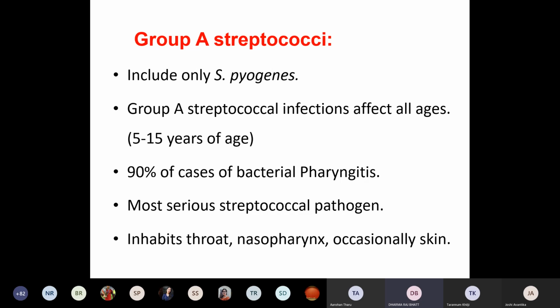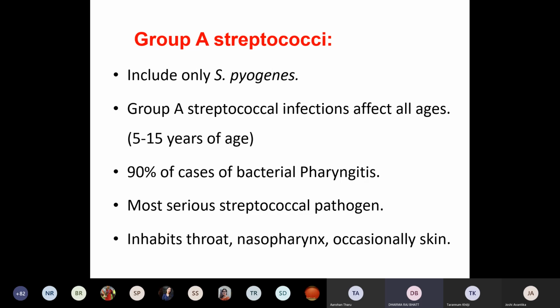Now the organism of interest for today's discussion is group A streptococci. I have not included the classification of streptococci, but if you go through your textbooks, you can find the classification of streptococci based on various properties.